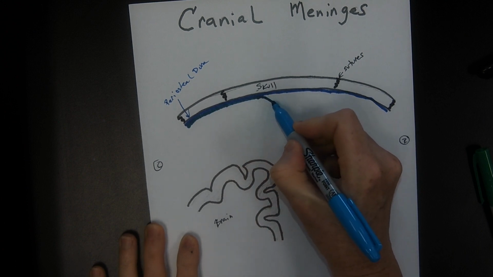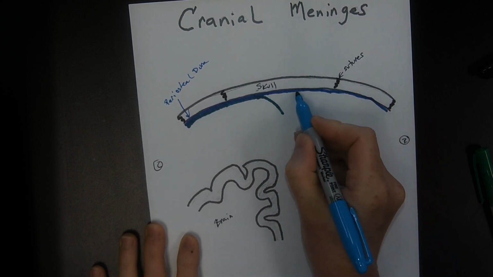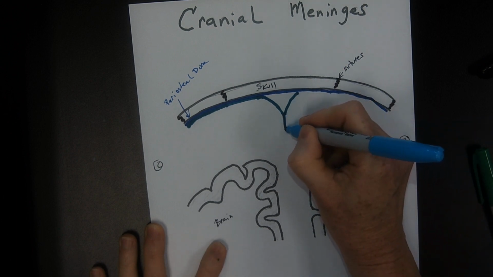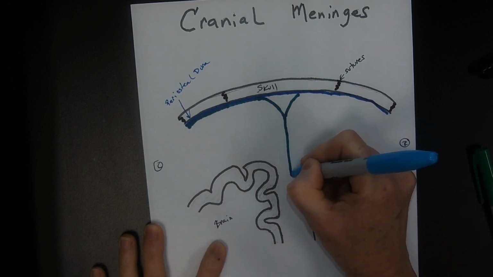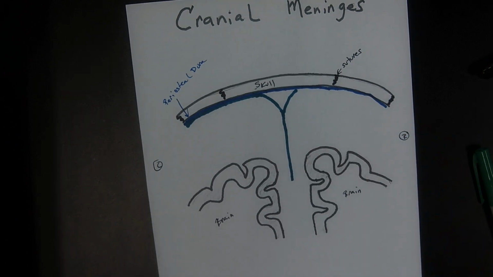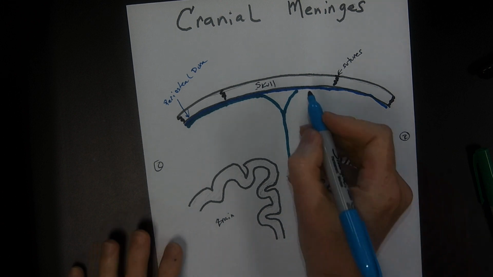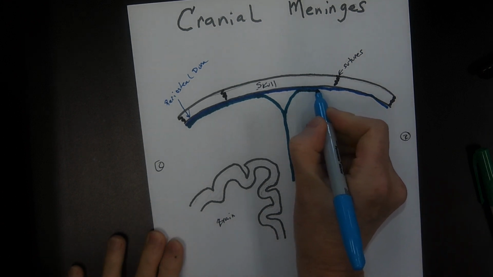But then it's got an invagination, kind of like a little triangle here. And this invagination of the meningeal dura goes all the way down. And as it comes down, this is going to be your falx cerebri. So all the way around.